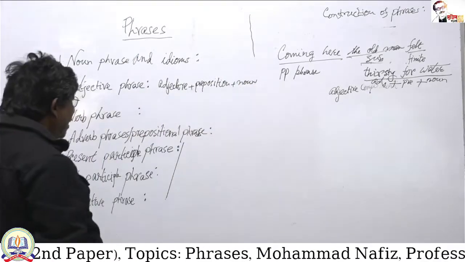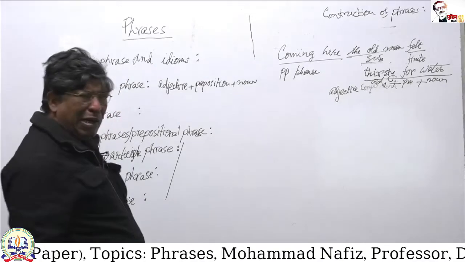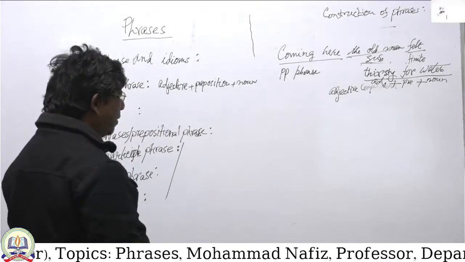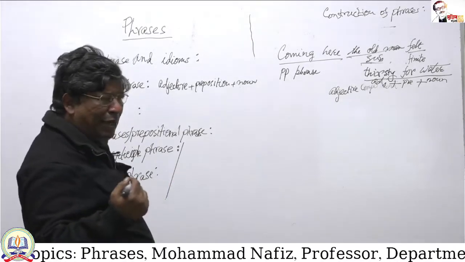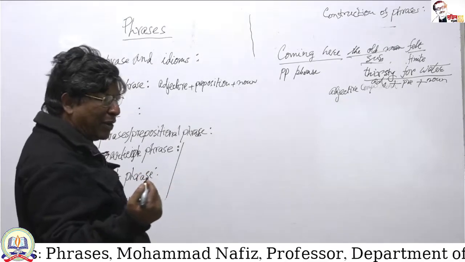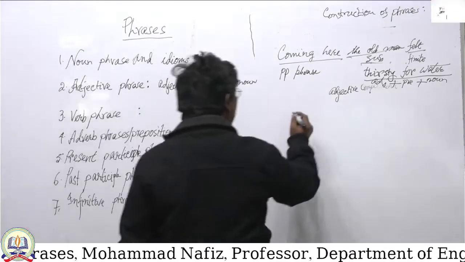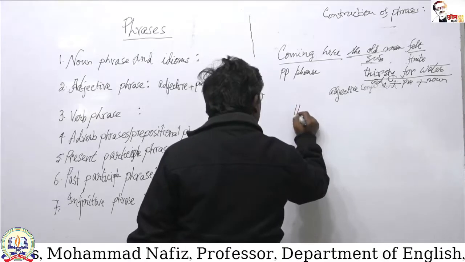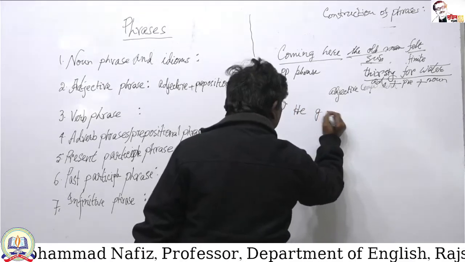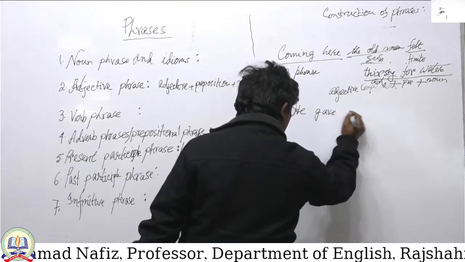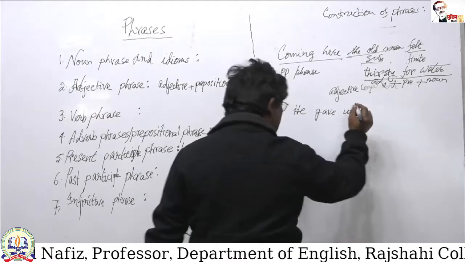Similarly, a verb phrase like a verb functions as the finite verb or non-finite verbs in a sentence. For example, he gave up smoking.